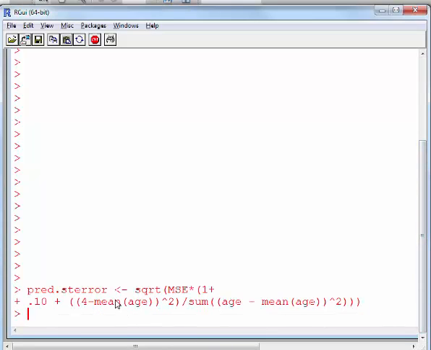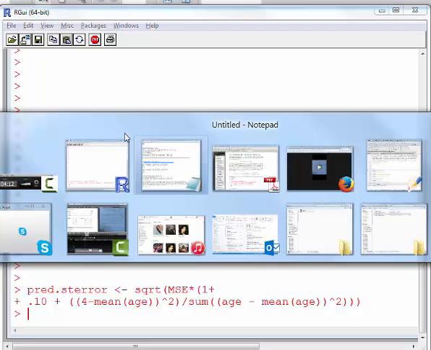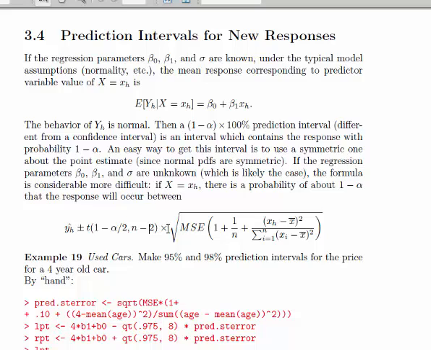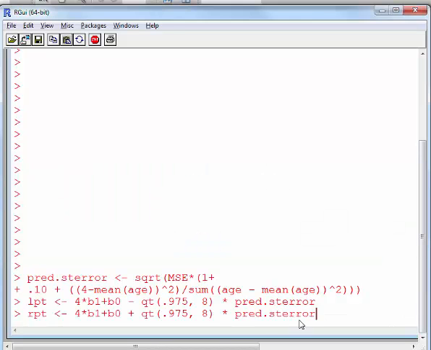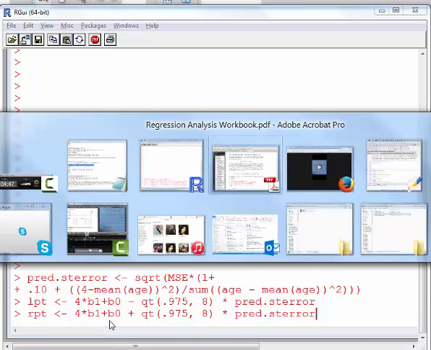I'm just following the formula for the standard error there. This is MSE times 1 plus 1 over n, and all of that stuff is under the square root. Then I can get my left and right interval endpoints by just subbing into the formula. Remember, the y hat there, I'm plugging in my x value, which is 4, times b1, the slope, plus b0.